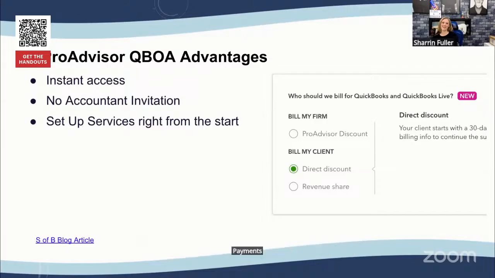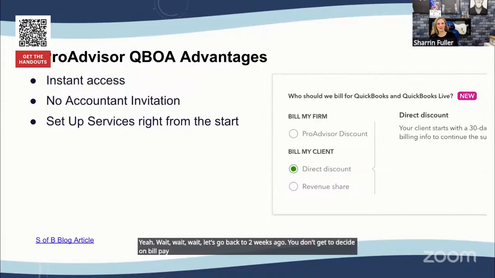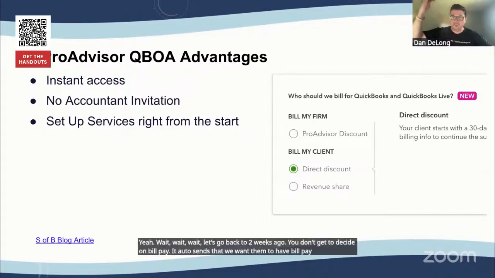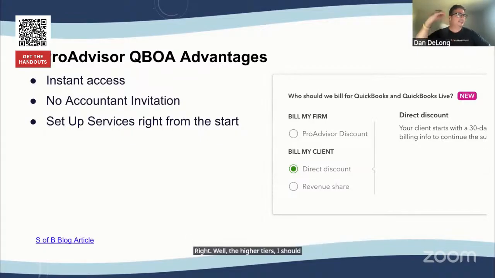Wait. Let's go back to 2 weeks ago. You don't get to decide on bill pay. It auto sends that we want them to have bill pay. Well, the higher tiers, I should say. Yeah. The higher tiers of the bill pay, you can set those up right from the beginning. So it's not that the client has to do anything.